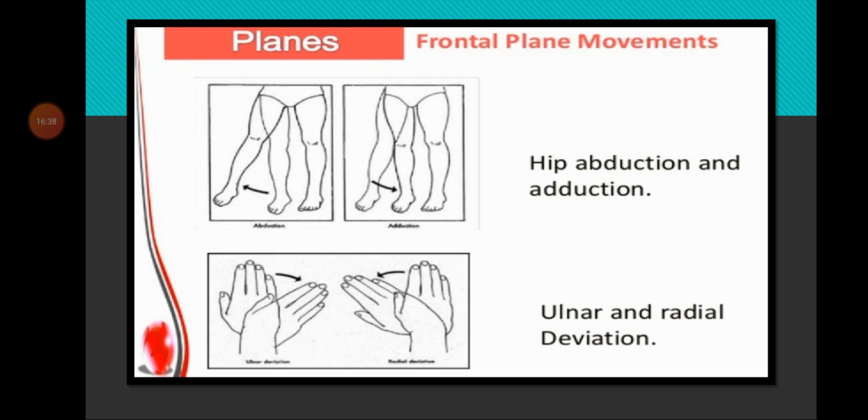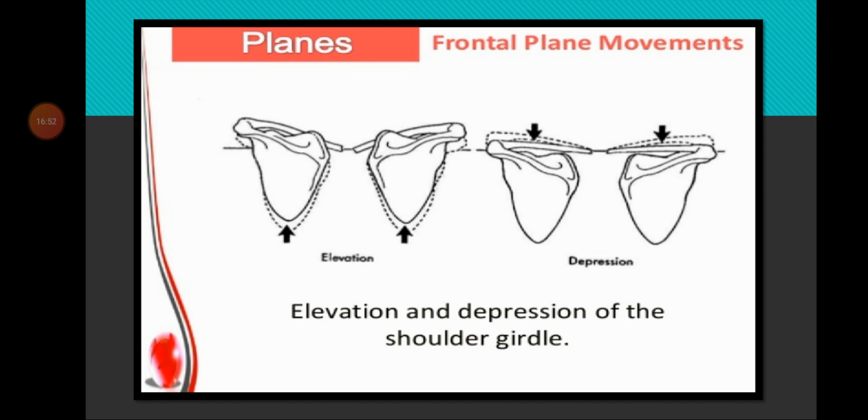Hip abduction and adduction are part of the frontal plane movements. Ulnar and radial deviation are also considered frontal plane movements.